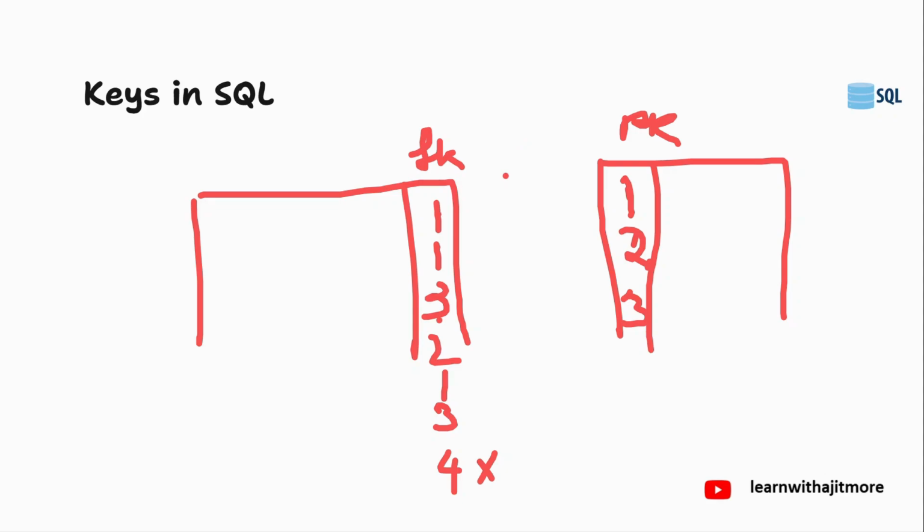Okay. So foreign key is a column in one table and it is referring its values from the primary key of some another table. Correct? So can we use foreign key for setting the relationship between two tables? Yes, correct.